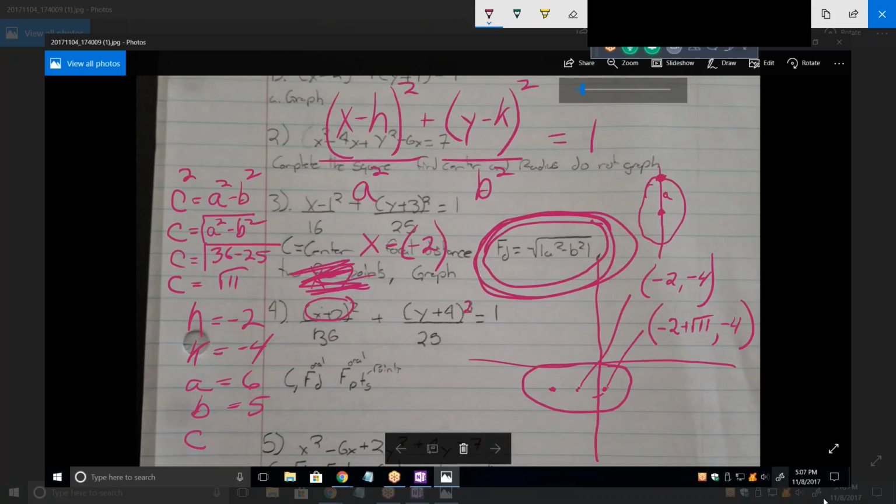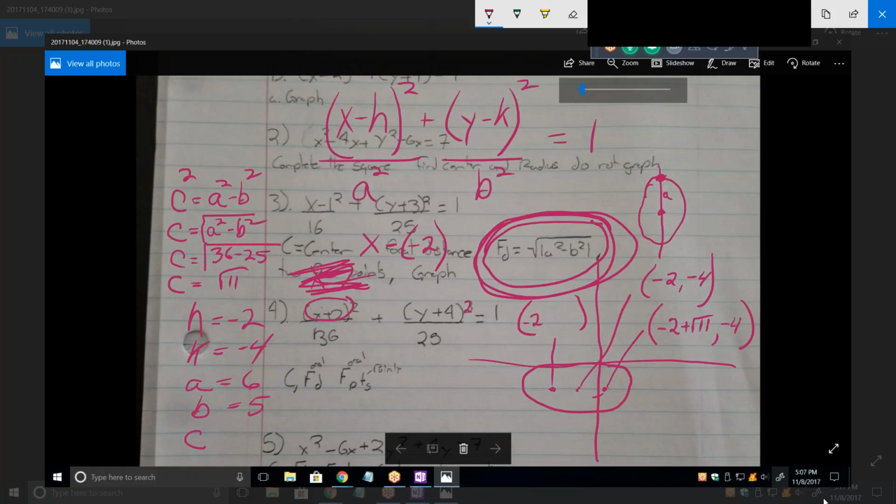Now let's label the other focus. What's that going to be? Would that be negative 2, negative 4 plus, now hold on, square root of 11? No, the square root of 11 goes with the x-coordinate.